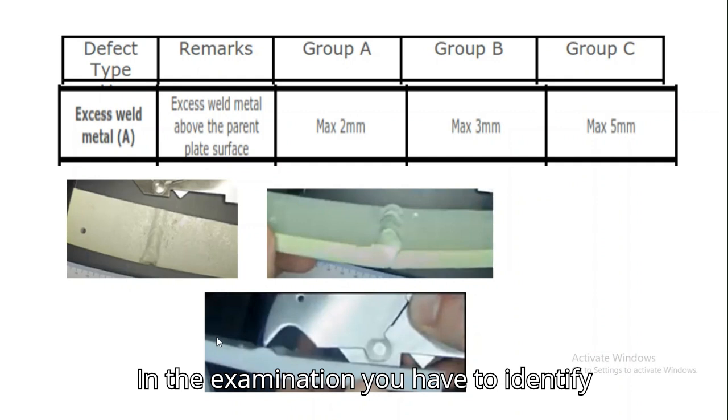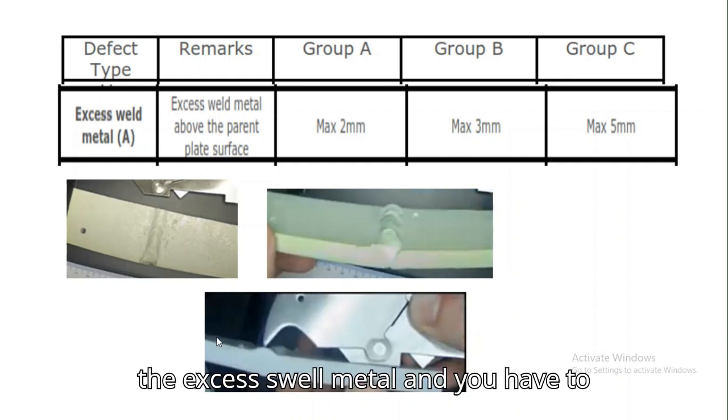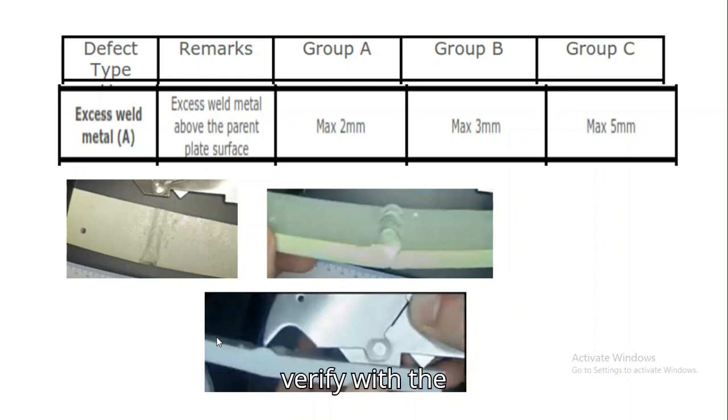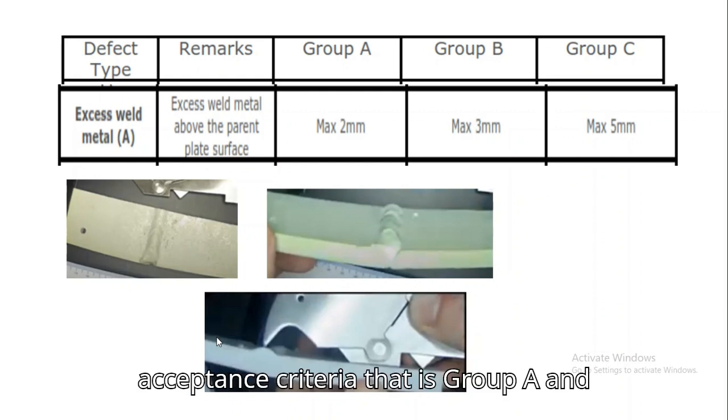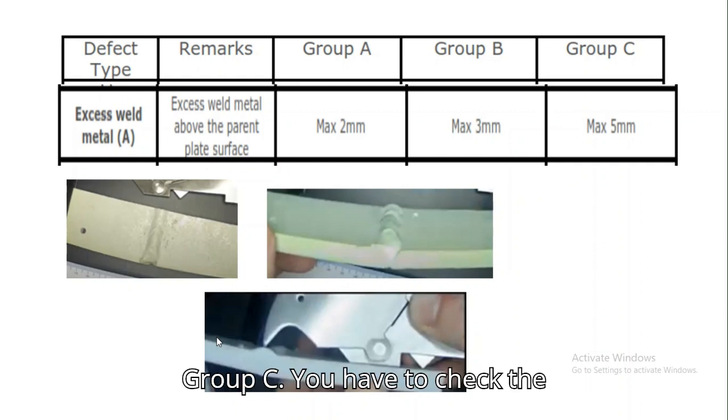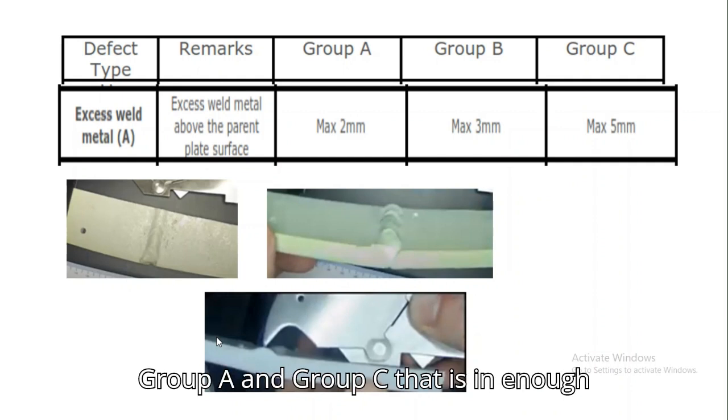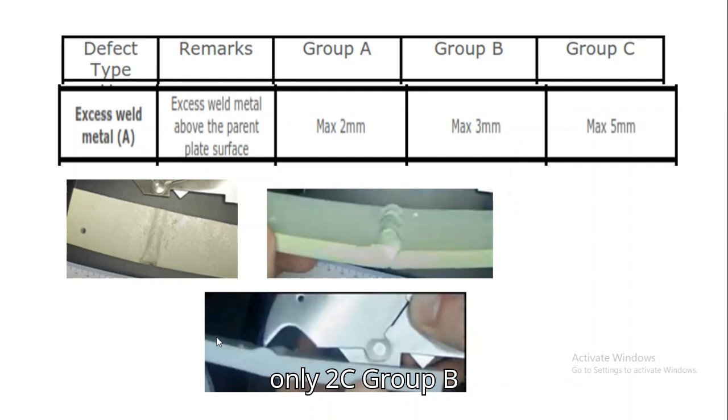In the examination, you have to identify the excess weld metal and verify it with the acceptance criteria, that is group A and group C. You have to check the criteria which they mentioned in group A and group C. That is enough, no need to see group B. In the bridge cam gauge, if you measure more than 2 mm, it is rejected in group A, and in group C maximum 5 mm they are allowing.